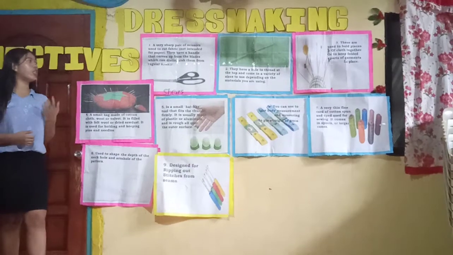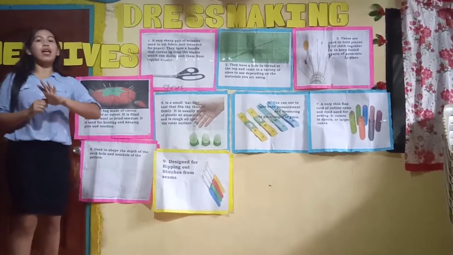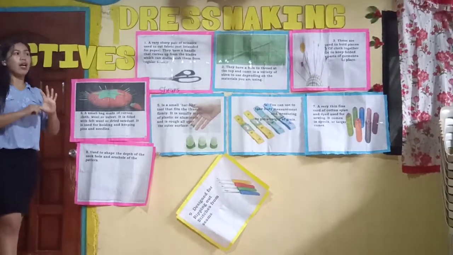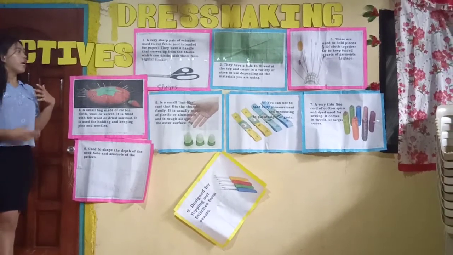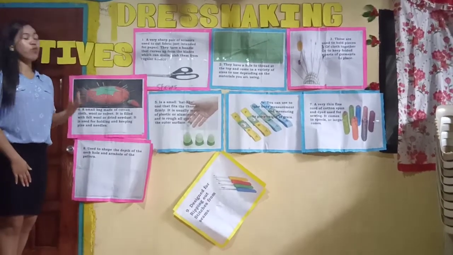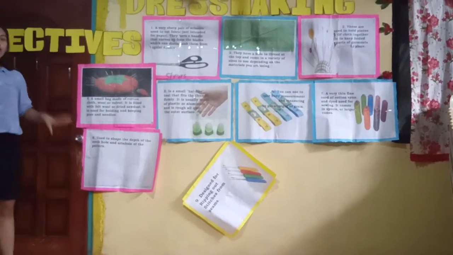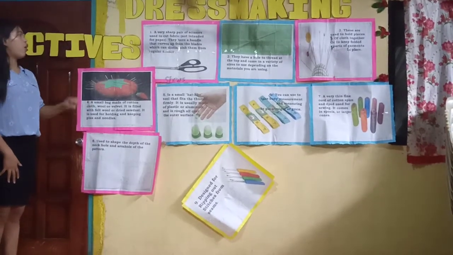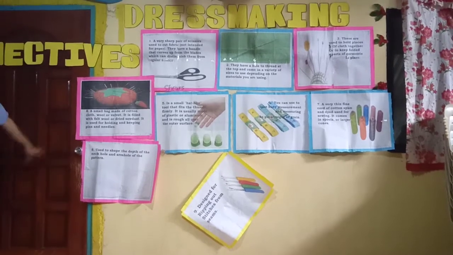In evaluation, the teacher asks about some functions of the sewing tools, and then the students will answer and say something. So assuming that the students will answer all the questions the teacher asks them about the function of the photos posted.